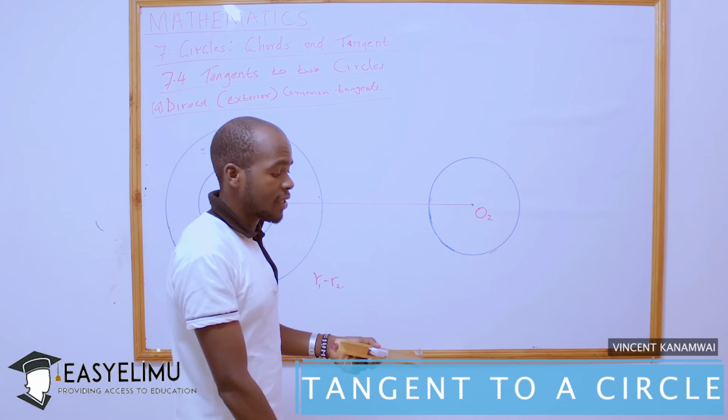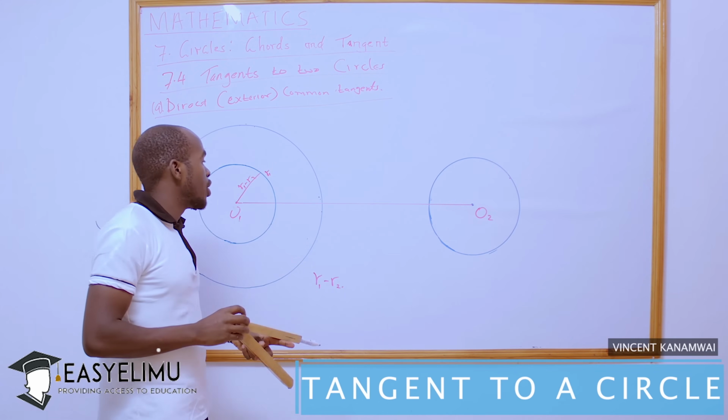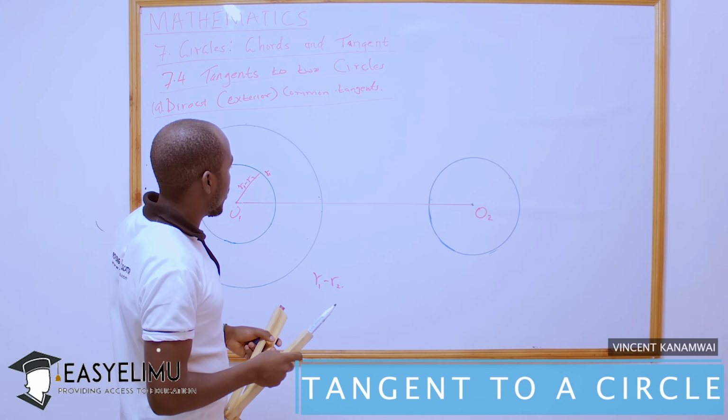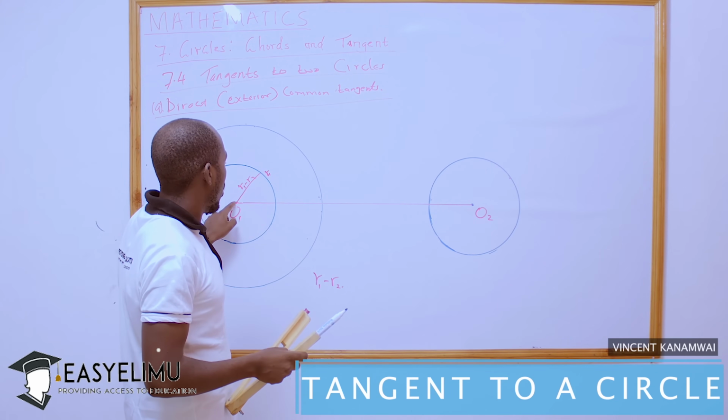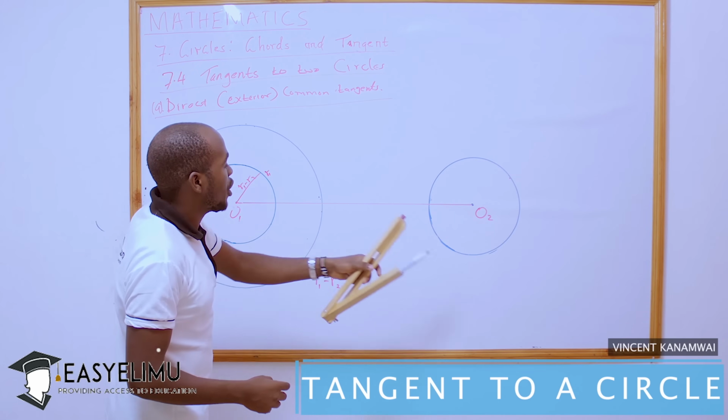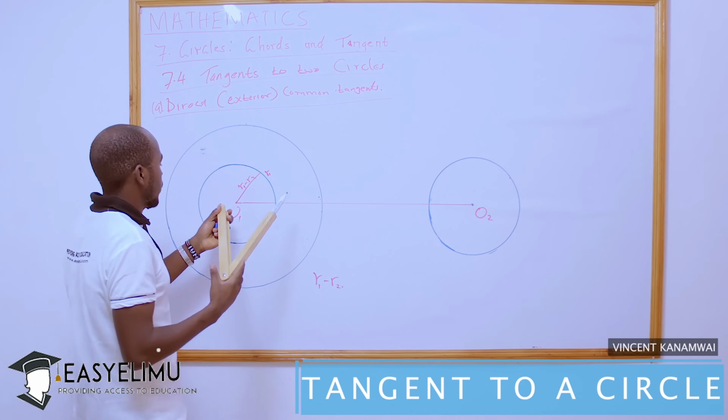So after doing that, the next thing you should do is construct a perpendicular bisector to line O1O2.